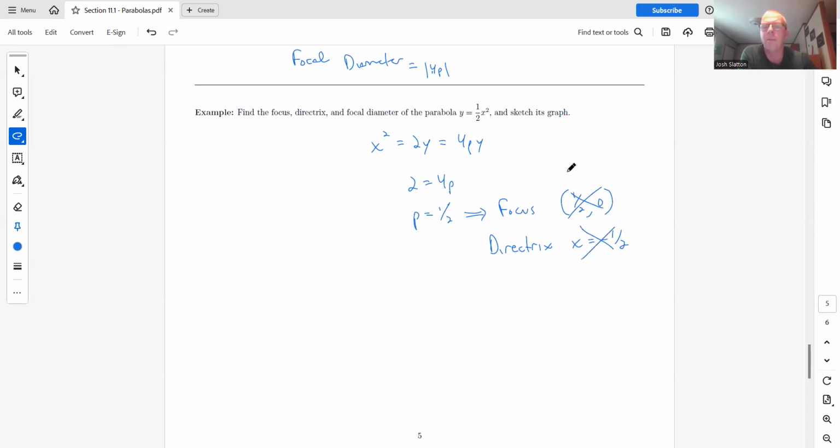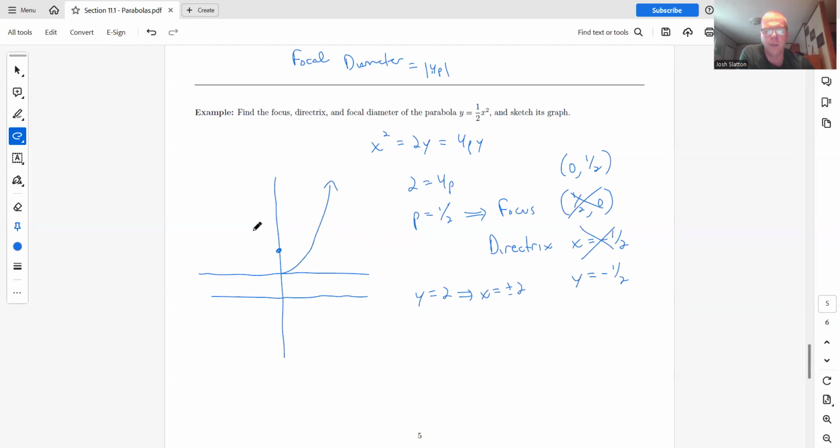This is opening up. I was expecting this one to be horizontal, but x is squared, so this one opens up. So (0, 1/2), and then y equals negative 1/2. See, this is the tricky part, just remembering which way you're doing this. So there's our directrix, there is our focus, and then we can let y equal 2, and then x is plus or minus 2.